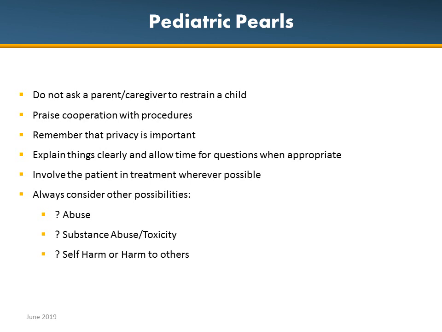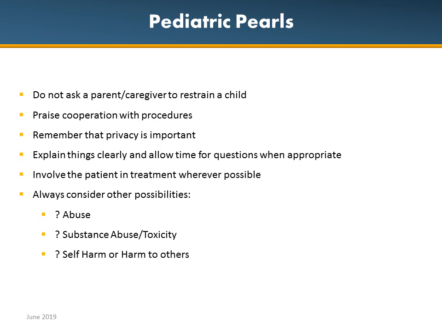So, what are some of the pediatric pearls, Lauren? Thanks, Pete. So again, not an inclusive list, but some things to remember. Never ask a parent or caregiver to restrain a child if they are uncomfortable with doing so. It could create unintentional harm between the relationship of the parent and the child. Praise cooperation with procedures, and remember that privacy is important for these children.